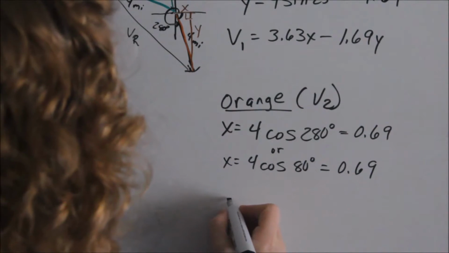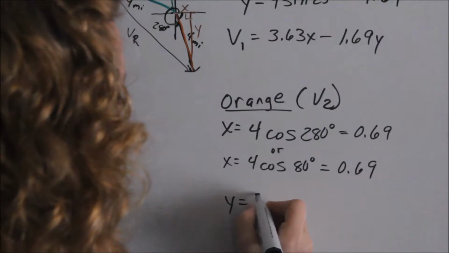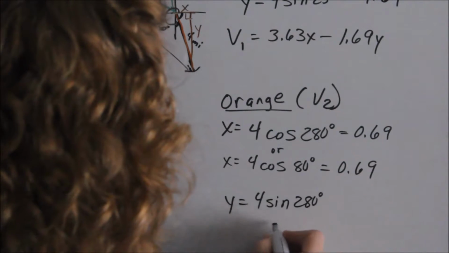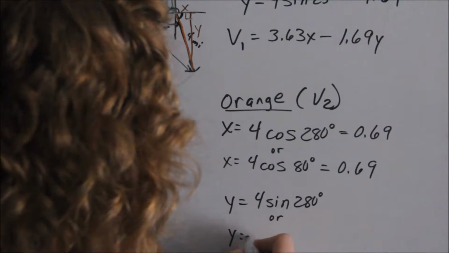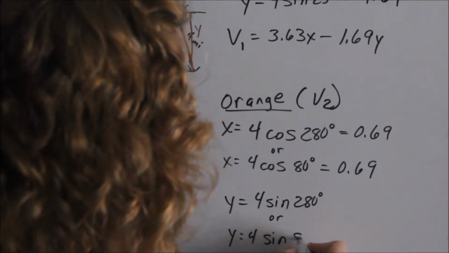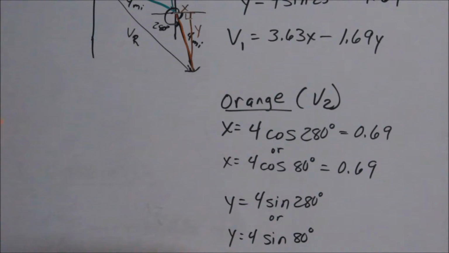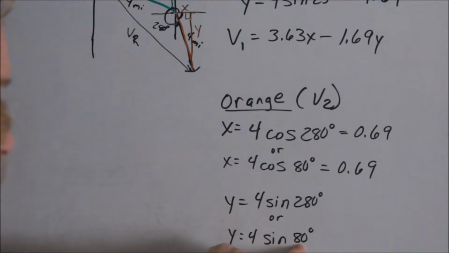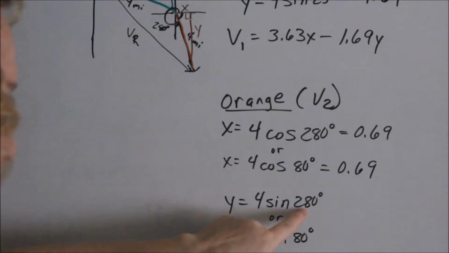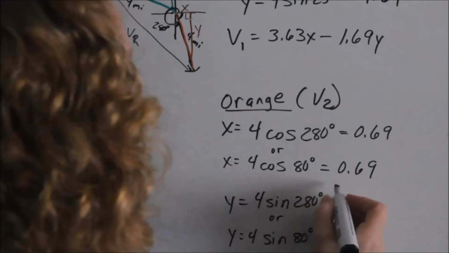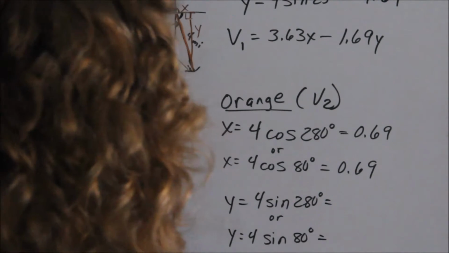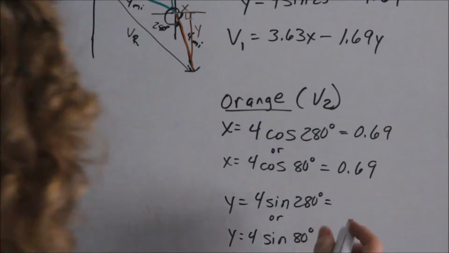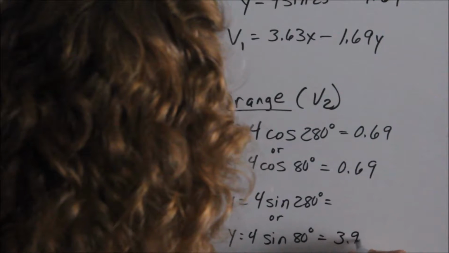Let's do our y values for the orange triangle. So y is going to be 4 sine of 280 degrees, or you can do y equals 4 sine of 80 degrees. The 280 is given in the problem, starting from 0 all the way around clockwise. The 80 is just the angle inside the triangle. These two add up to 360. This is where you can see the difference. If you do y equals 4 sine of 80, you're going to get a value of 3.94.